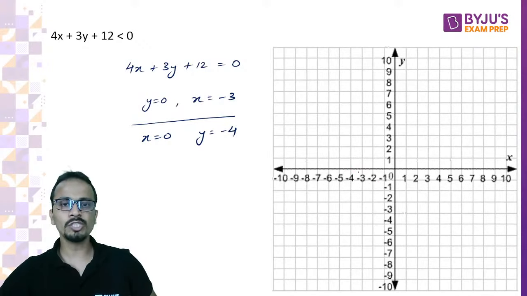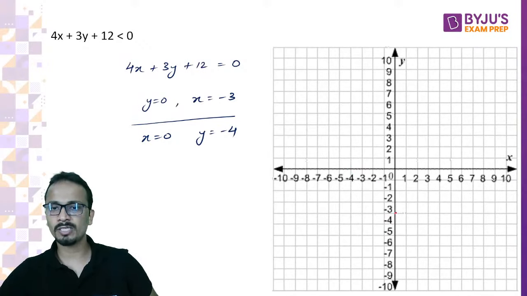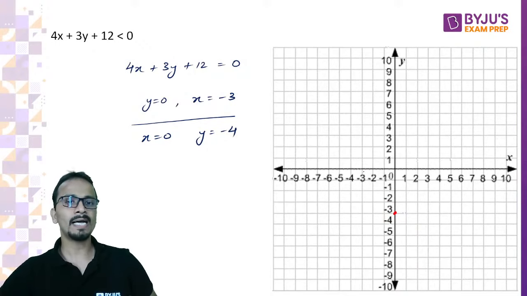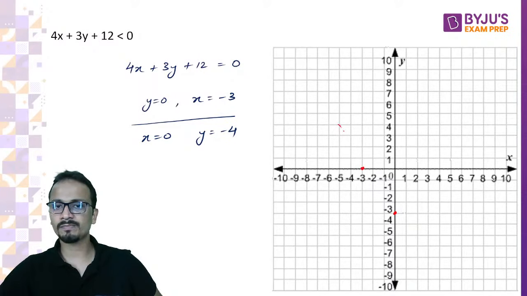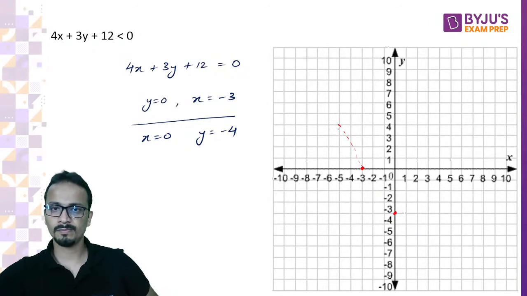So x equal to 0, y equal to minus 4 is this point, and y equal to 0, x equal to minus 3 will be this point. Now let's draw a straight line joining these 2 points. So this is the straight line joining these 2 points.